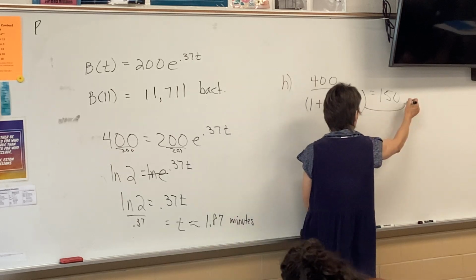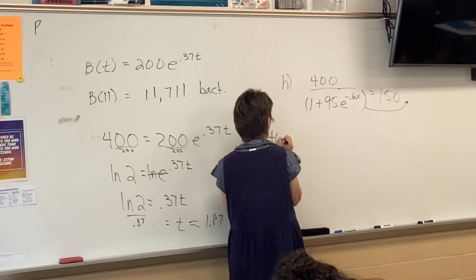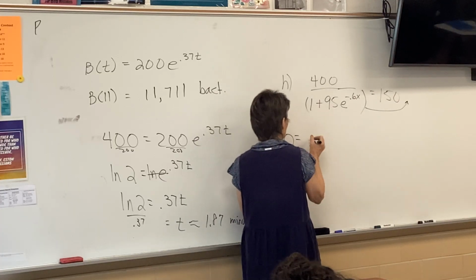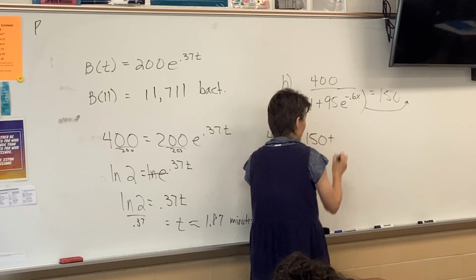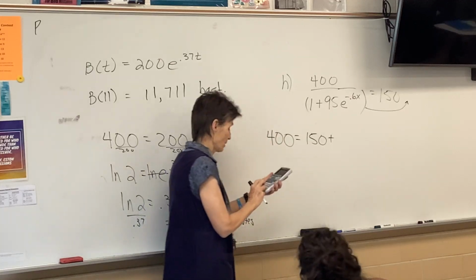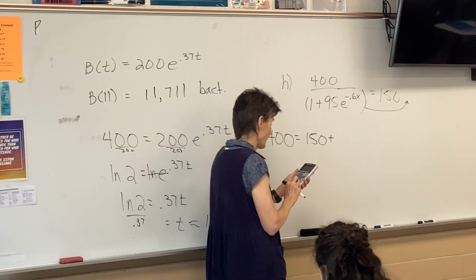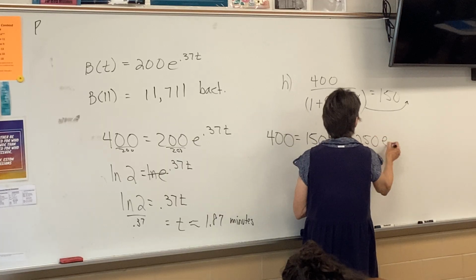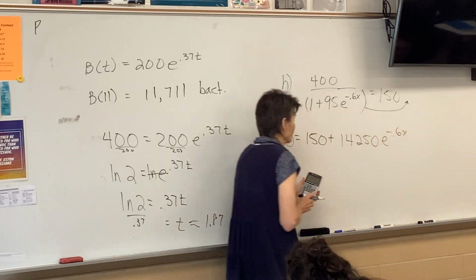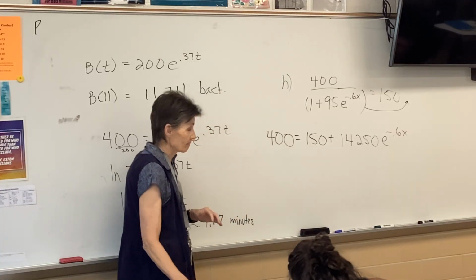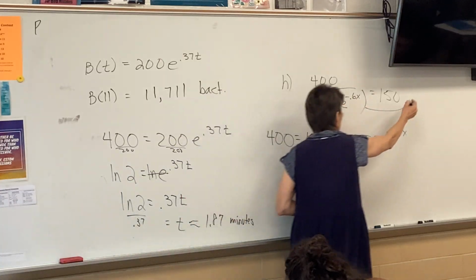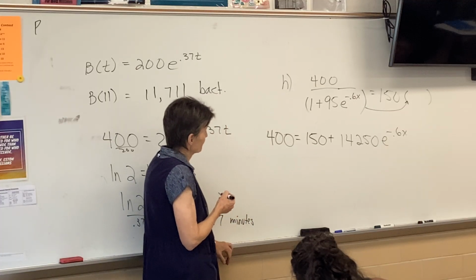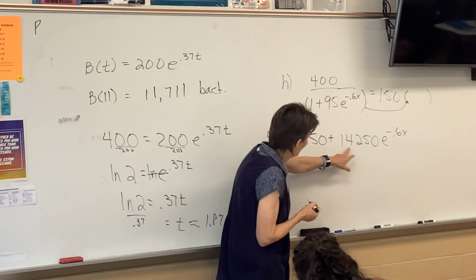Multiply this over to here. So I'm going to have 400, and that's going to be a distributive, equals 150 plus 150 times 95, 14,250 e to the negative 0.6x. So I multiplied this over to here and distributed the 150.